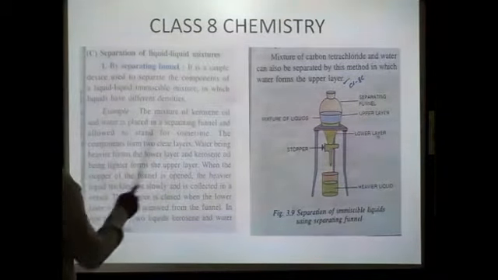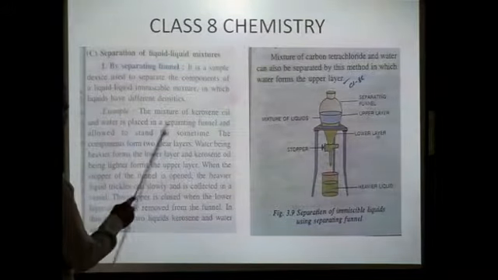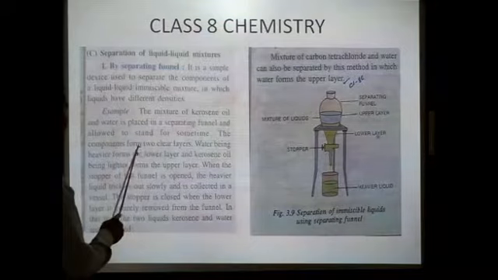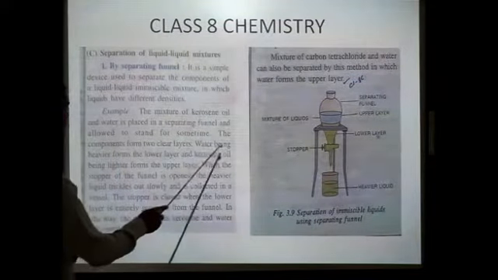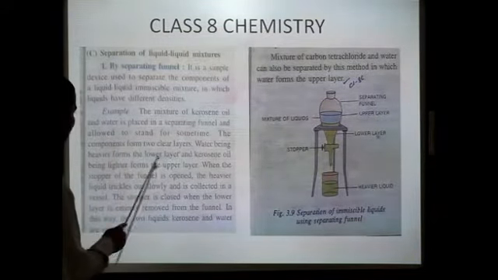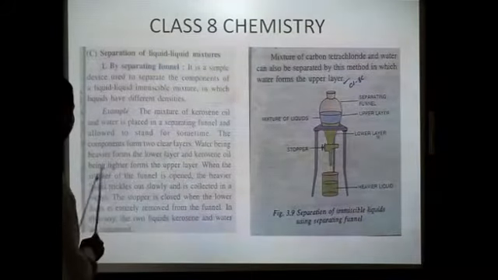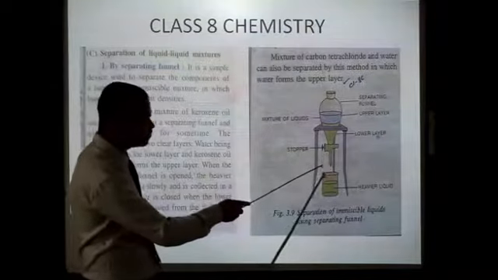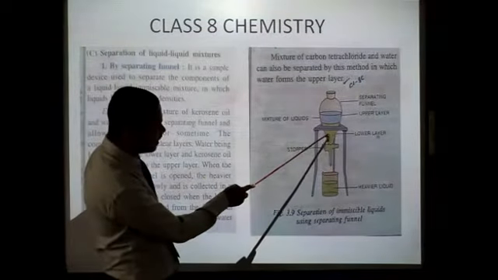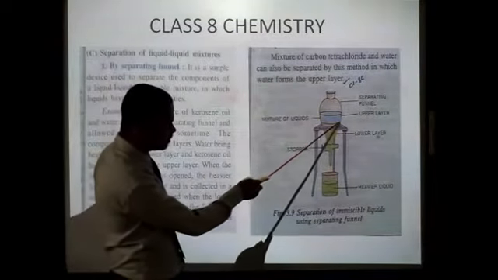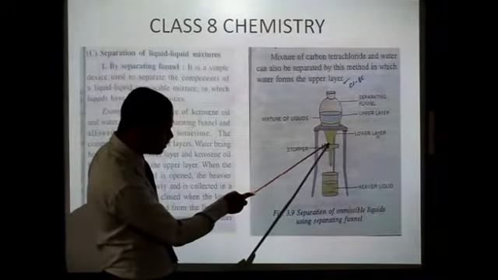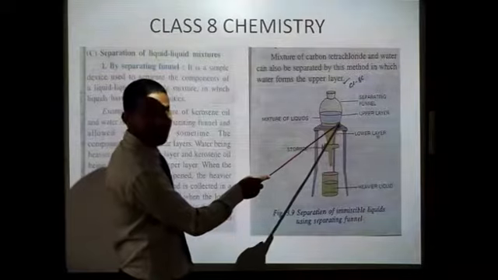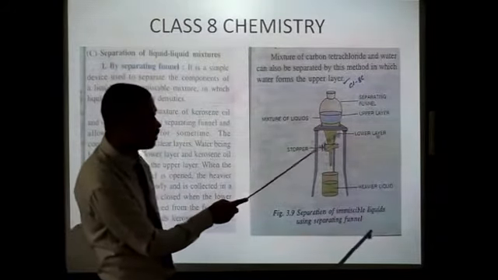For example, the mixture of kerosene oil and water is placed in a separating funnel and allowed to stand for some time. The components form two clear layers. Water being heavier forms the lower layer, and kerosene oil being lighter forms the upper layer. Here you can see this lower layer is water, because water is heavier than kerosene oil.